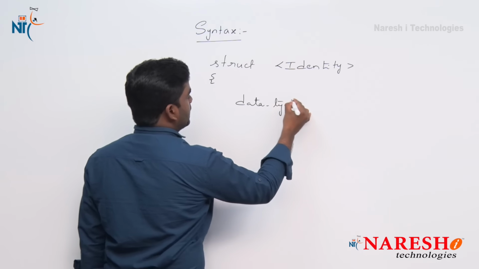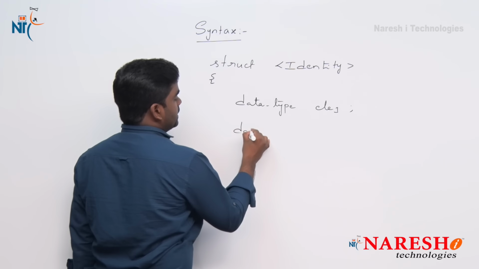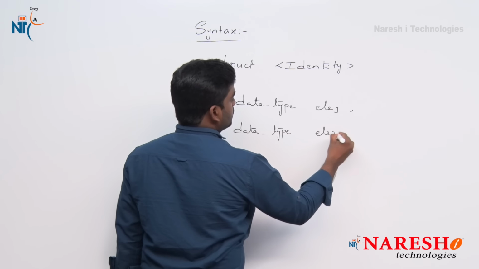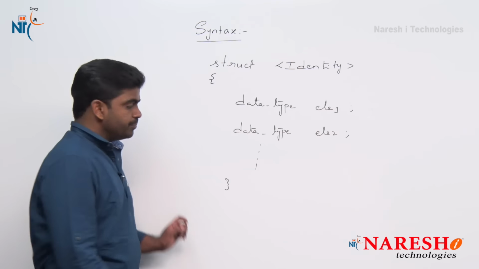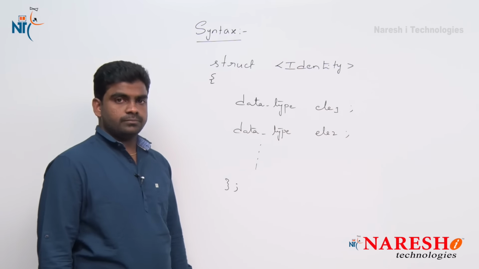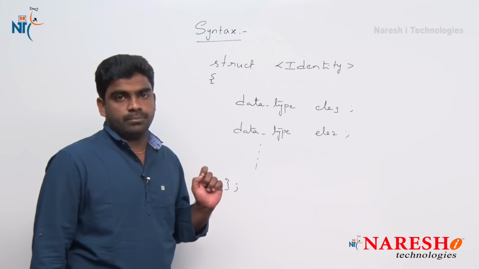This is data type element 1, this is data type element 2, and so on. And remember one important point: every structure should end with a semicolon. Along with the syntax, now we will see the example.